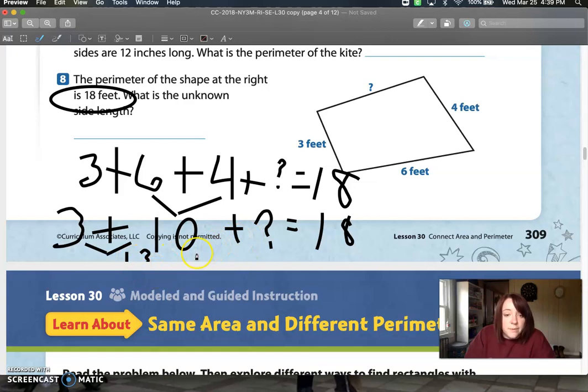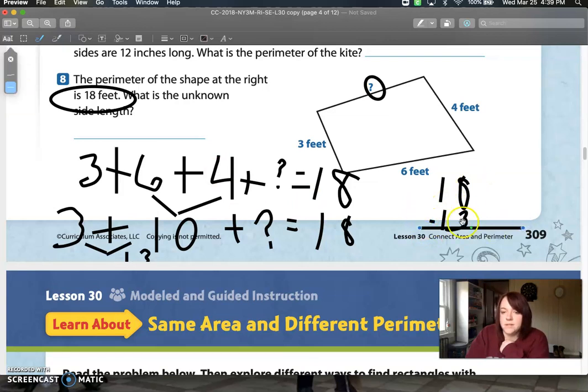13 plus question mark. Now we need to get from 13 to 18 to find this side. So we need to subtract 18 minus 13. 8 minus 3 is 5. 1 minus 1 is 0.